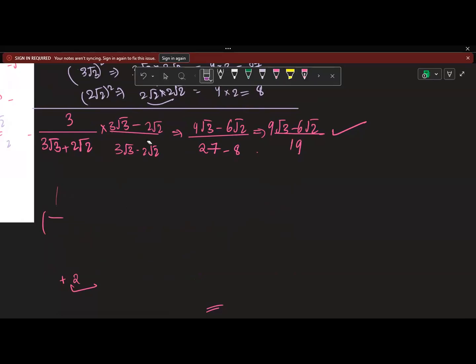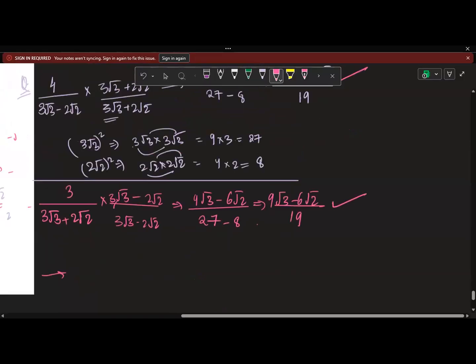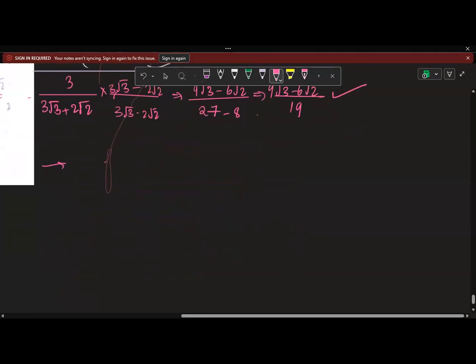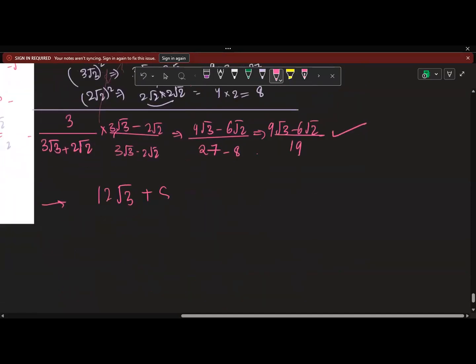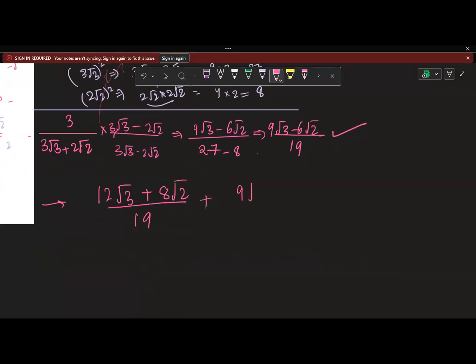I told you first you will simplify, right? So first simplify. So now you get 12 root 3 plus 8 root 2 divided by 19 plus 9 root 3 minus 6 root 2. The LCM will be 19 only, so I'm writing them together only.